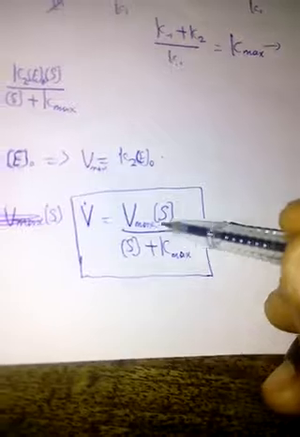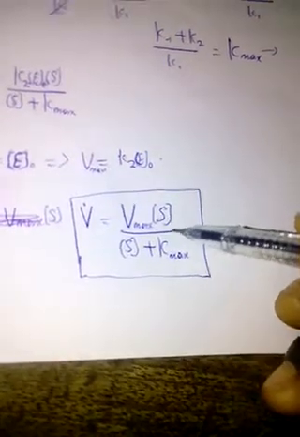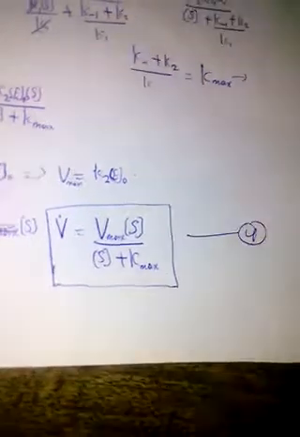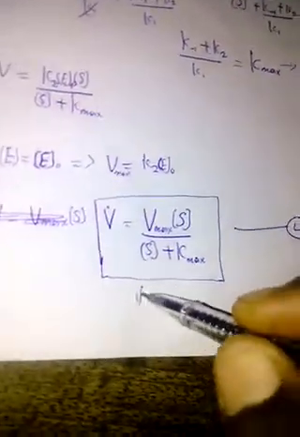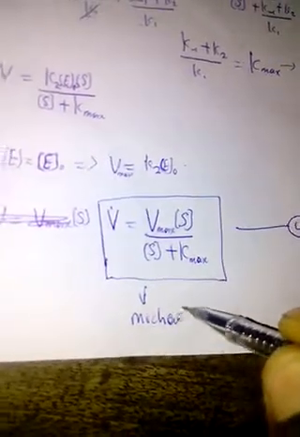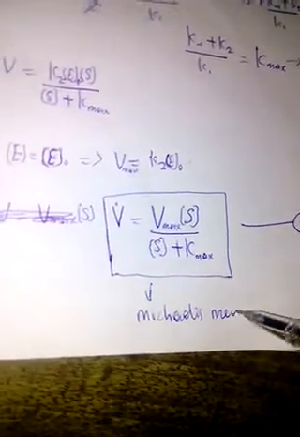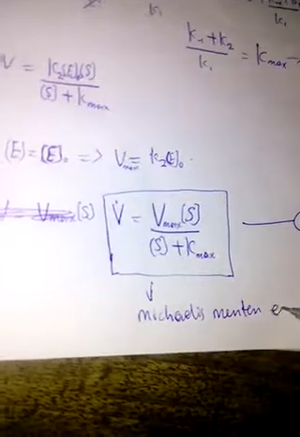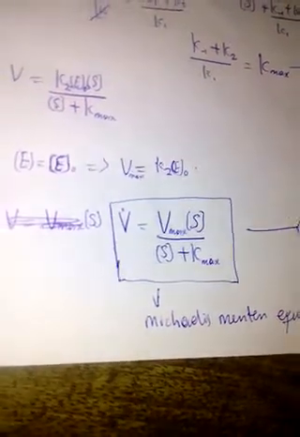This is V max. So we're going to substitute equation 4 into the Michaelis-Menten equation.